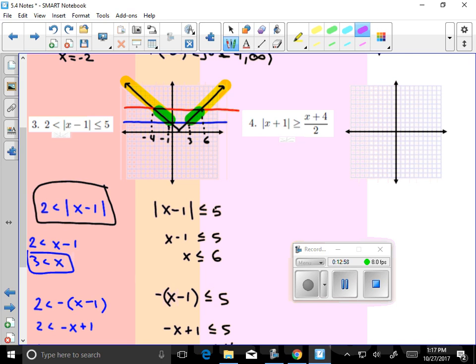So I have my final domain in which this, and I'm going to use purple, even though I don't like purple that much. In that domain right there, the absolute value of x minus 1 is greater than 2, but less than or equal to 5. So let's put an answer down, and let's see if you can find my mistake.